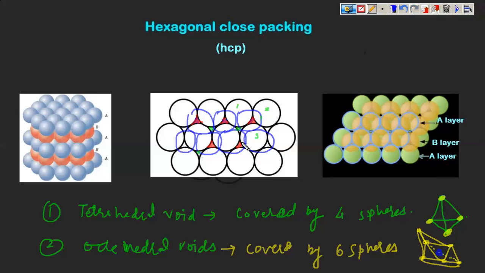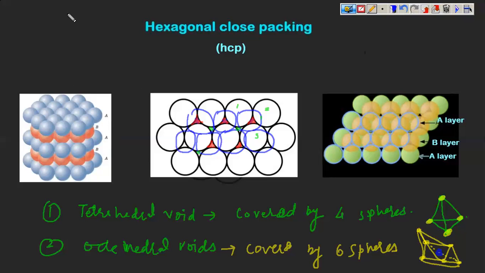So in hexagonal close packing, the first layer is placed hexagonally, then the second layer is placed in the depressions created by the first layer. The third layer is aligned to the first layer. So you will find two different types of layers here, a b a b a b, like this.